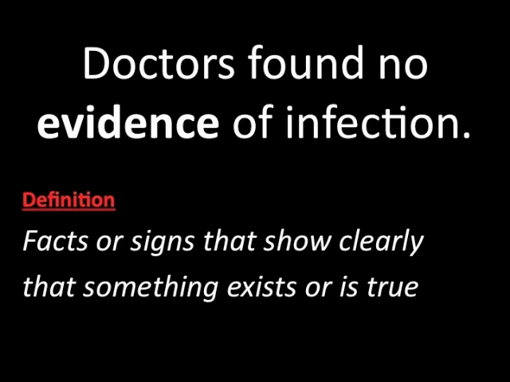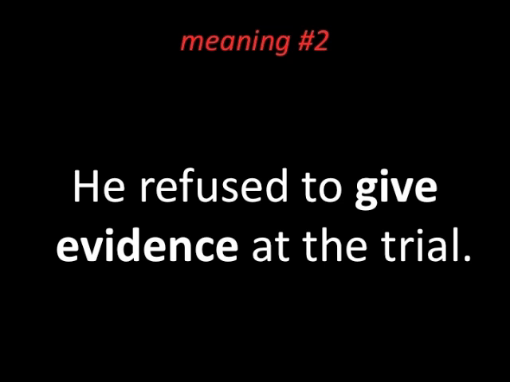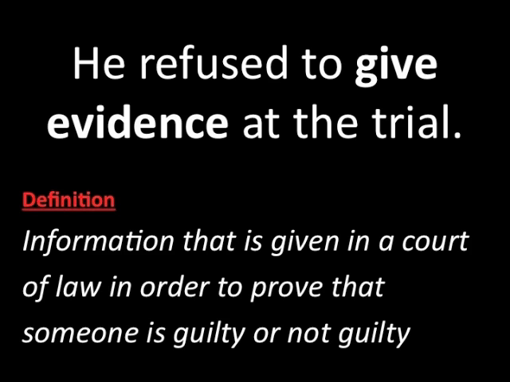Yes, Beck, that's right. And here is the second sentence. Number two, he refused to give evidence at the trial. Ooh, this sentence sounds dangerous. So in your second sentence, the word evidence means information that is given in a court of law in order to prove that someone is guilty or not guilty. Exactly.